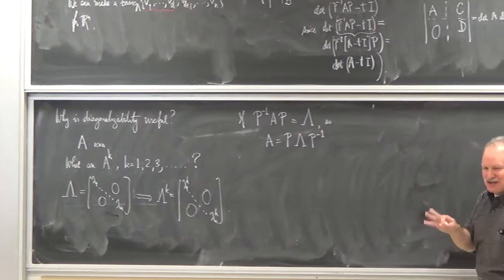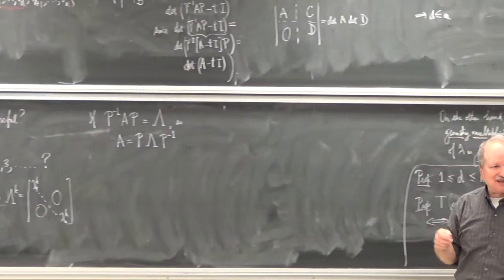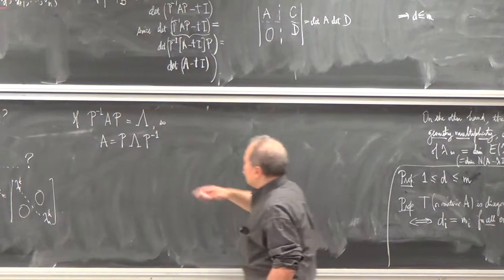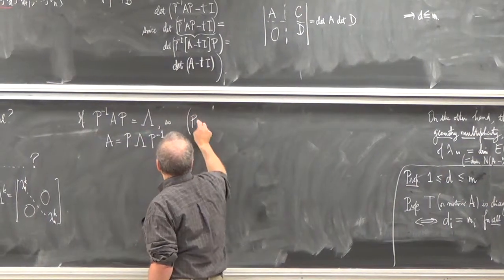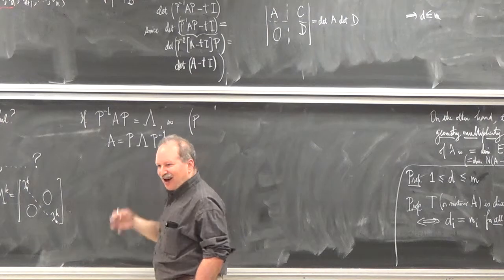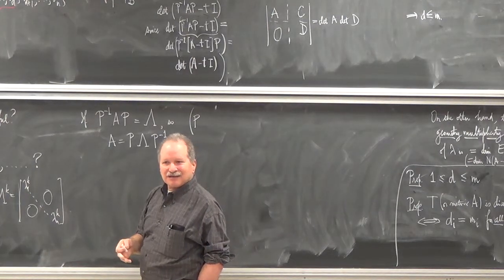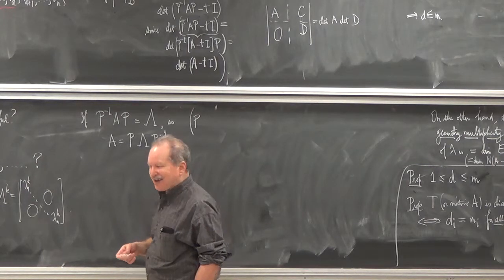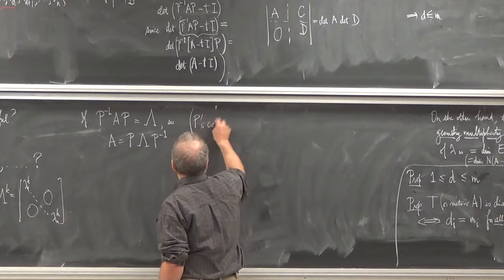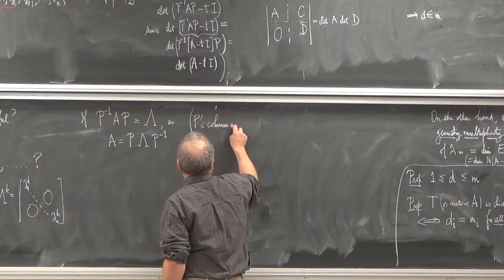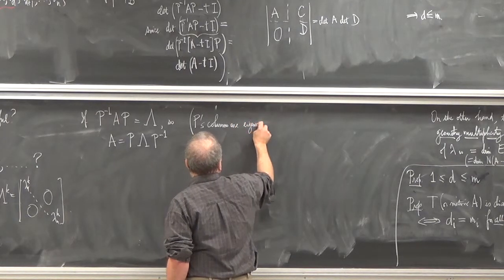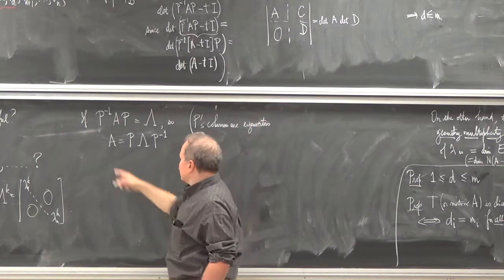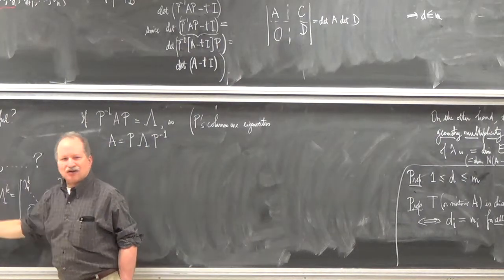You're going to have to keep this straight, because for the applications we're going to do, you're going to have to get this right. So P here is the matrix whose columns are the eigenvectors, in the correct order corresponding to the eigenvalues you have down the diagonal of lambda.